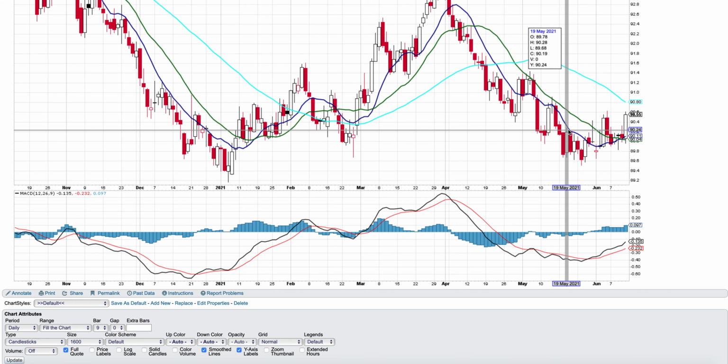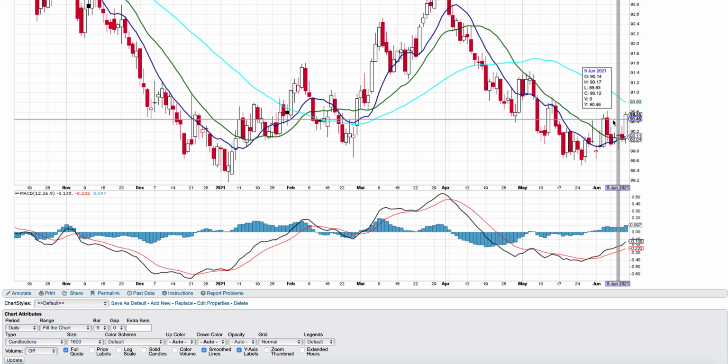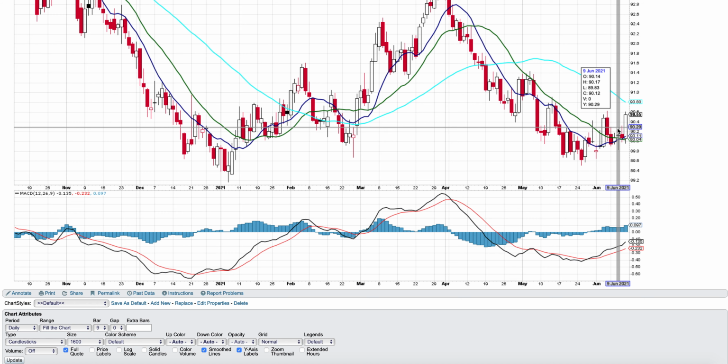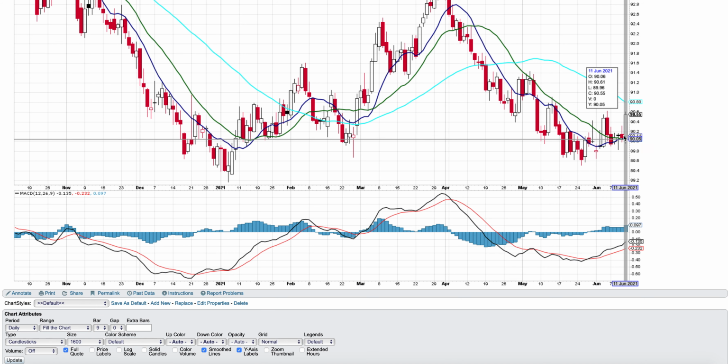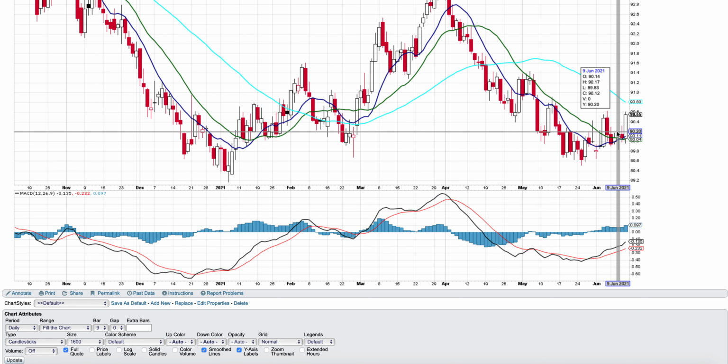This is the 10 and this is the 20. So bullish crossover always causes a price expansion to the upside with at least 1% in the past. So this indicated to me that a price expansion to the upside was imminent, and it happened.